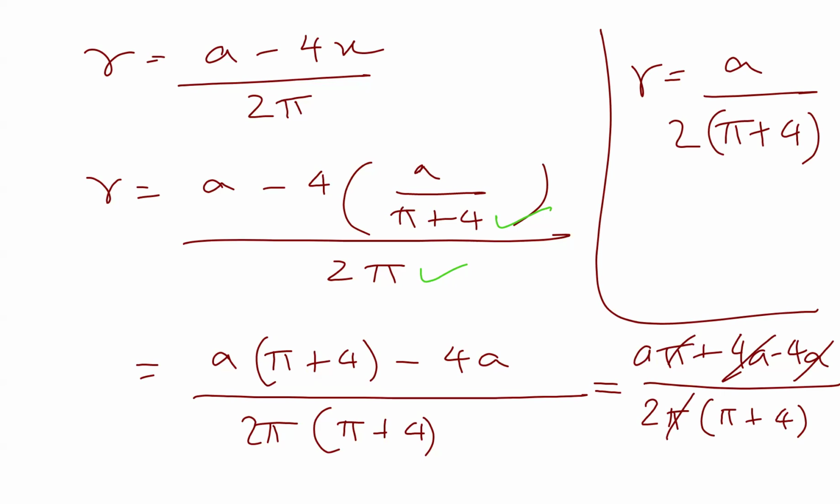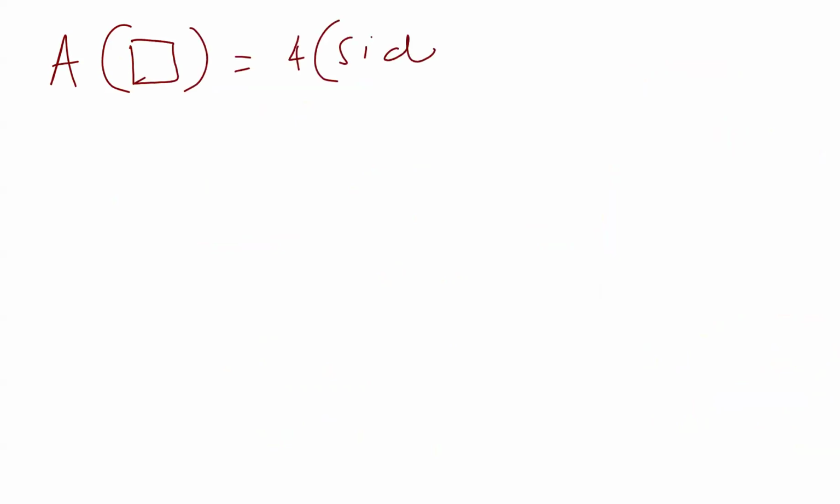Yes, sir. So now see, the problem doesn't end over here. We need to prove also that the sum of the areas is a square by 4 (pi plus 4). So first find out the area of the square, add it to the area of the circle. The total should be what is asked in the problem. So area of square, 4 into side, 4 into x, and x is a upon (pi plus 4).